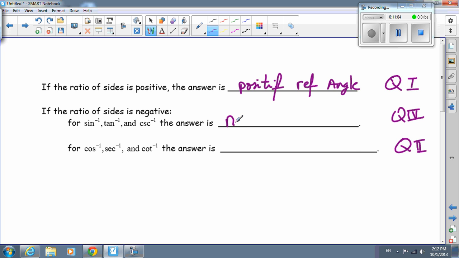All you have to do is put a negative of the reference angle. Compared to when it's quadrant 2, you've got to do pi minus the reference angle. Or, of course, if we're talking about degrees, you will do 180 minus the same reference angle.